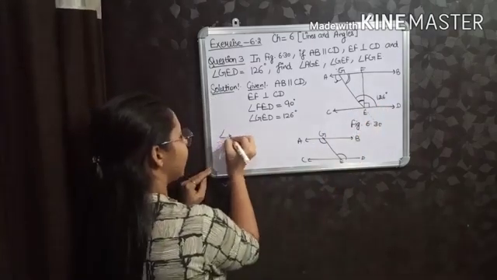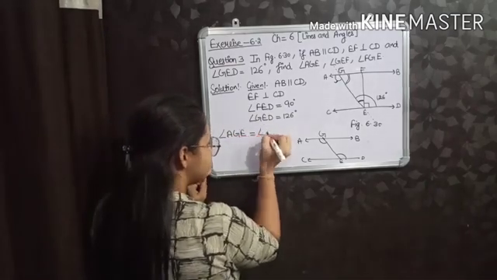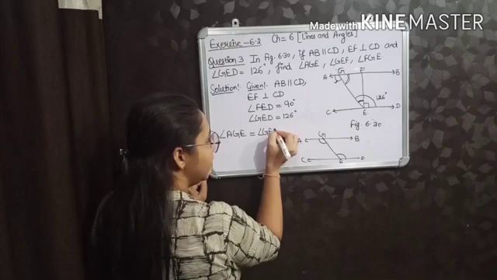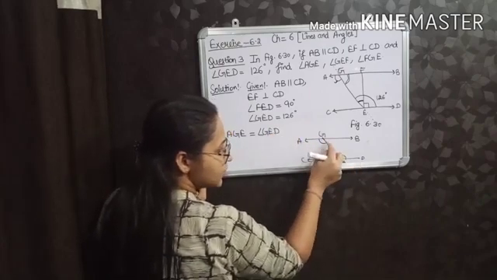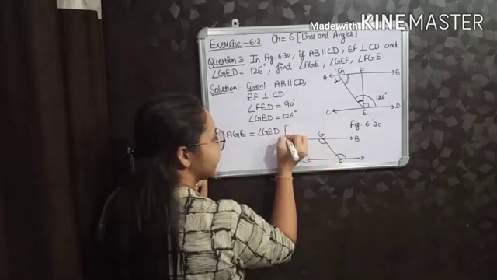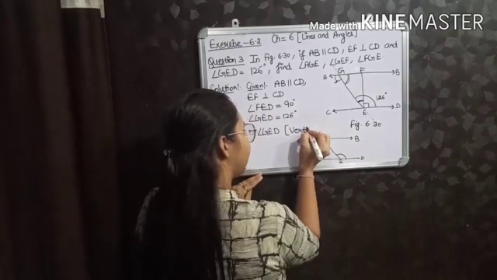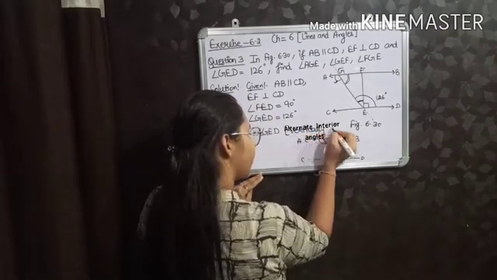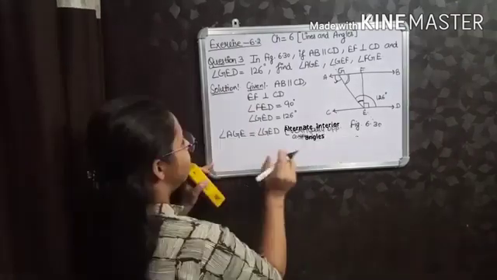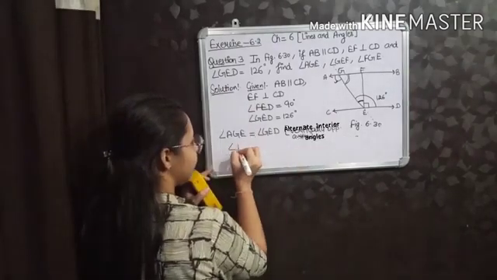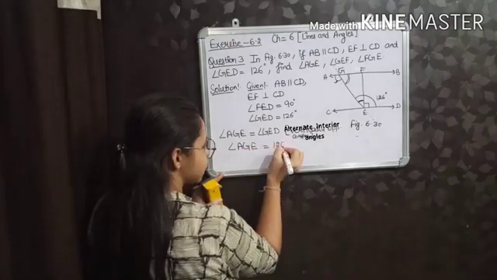So we can write angle AGE is equal to angle GED. Angle GED, this angle is equal to angle AGE, this. Why? Because vertically opposite angles. Now, so it implies angle AGE is equal to 126 degree.